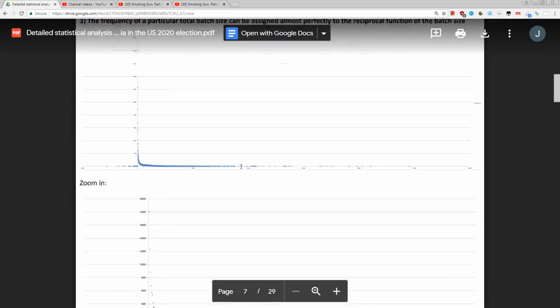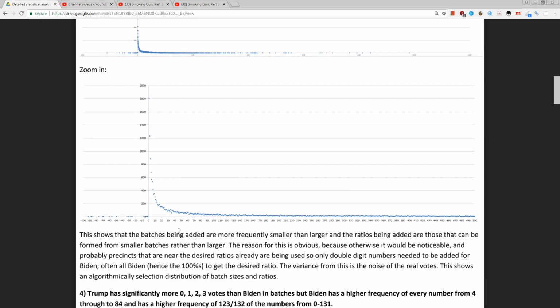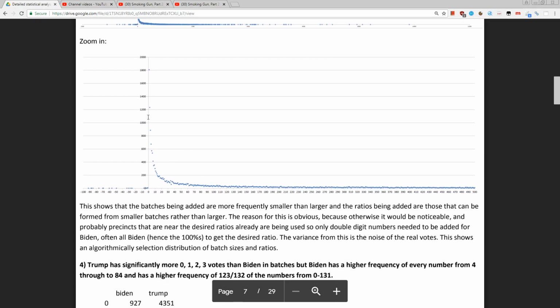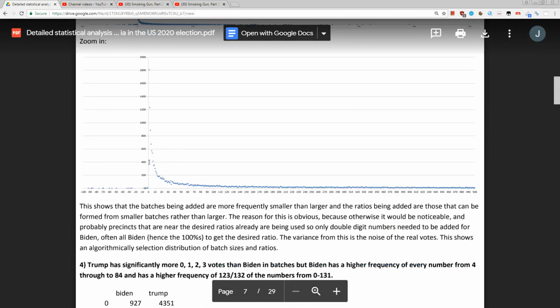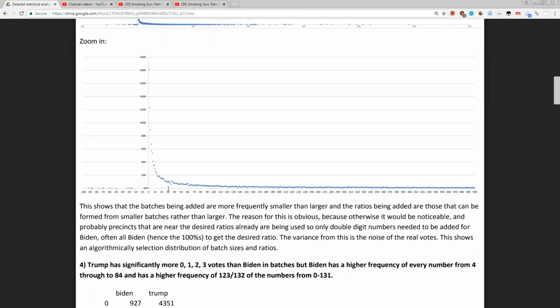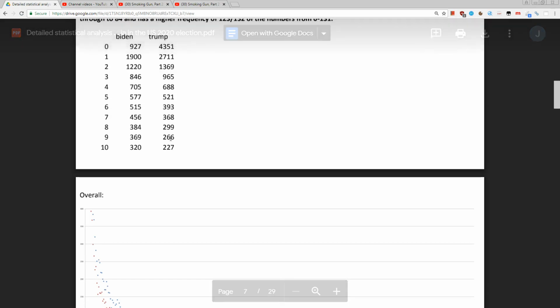Firstly, the batch size follows this reciprocal function pattern. Basically, every single batch size decreases in frequency in a reciprocal fashion. And then you look at this.